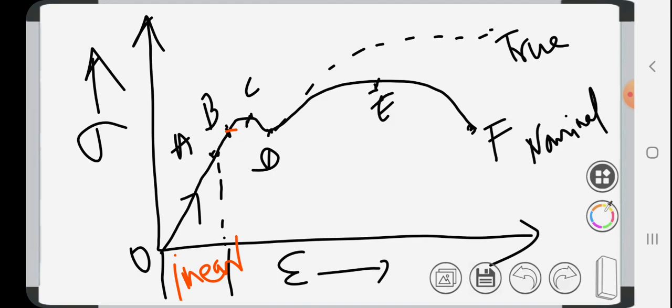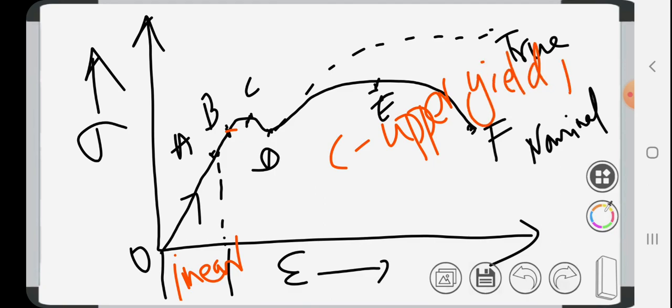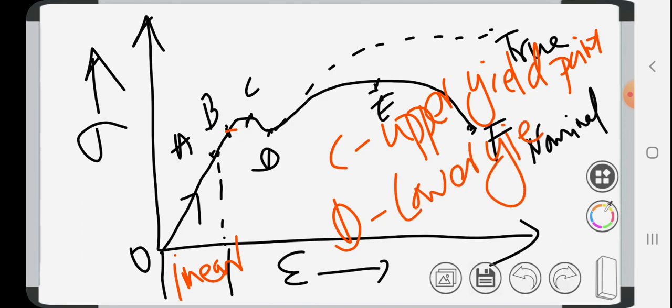It won't be recovered. The points C and D are termed the upper and lower yield points respectively. C is the upper yield point, D is the lower yield point.